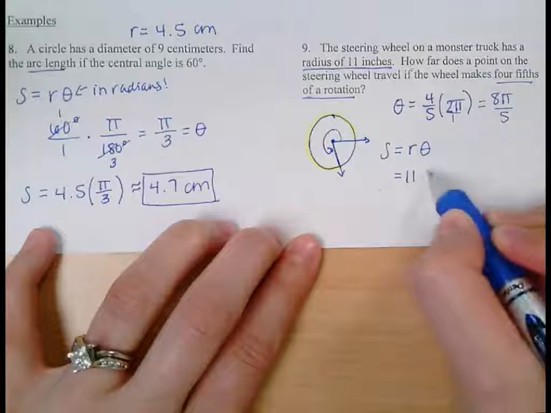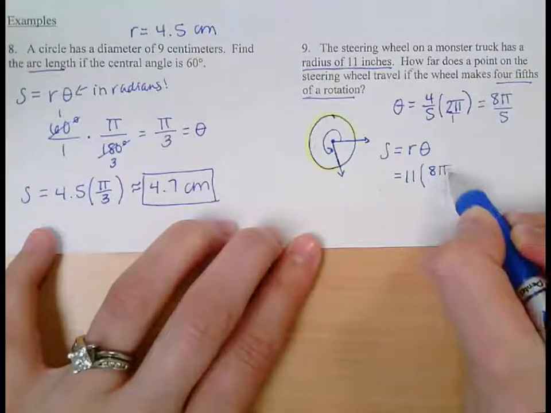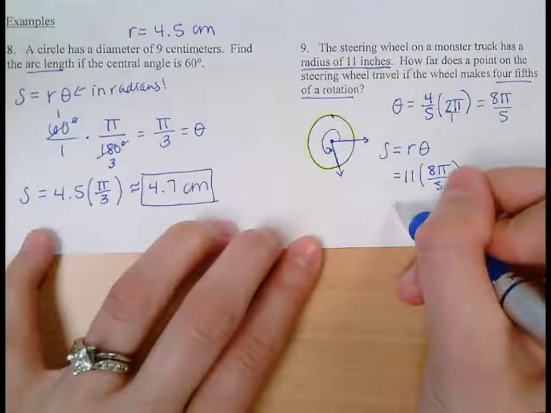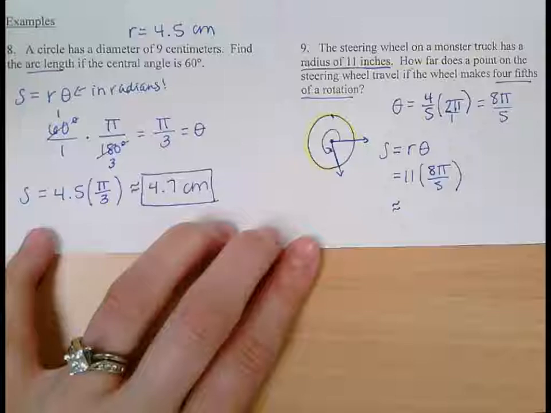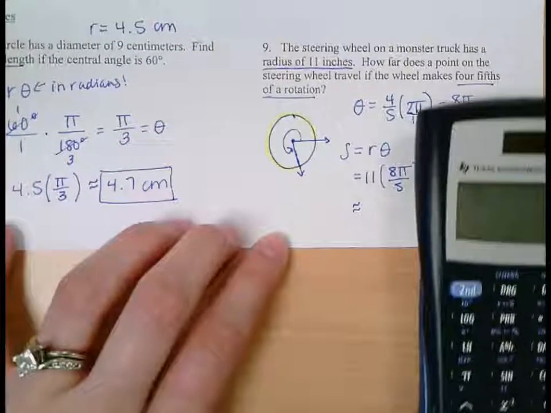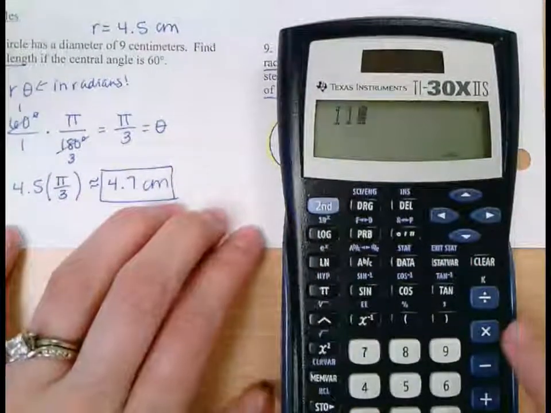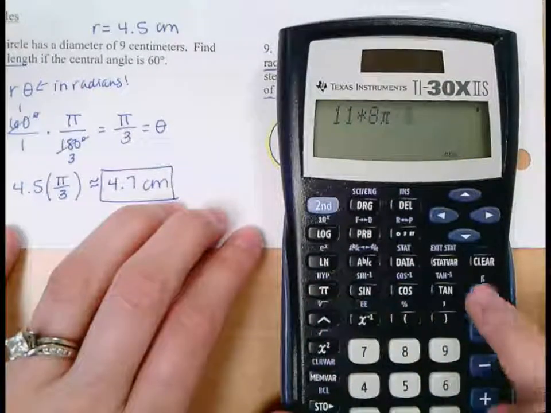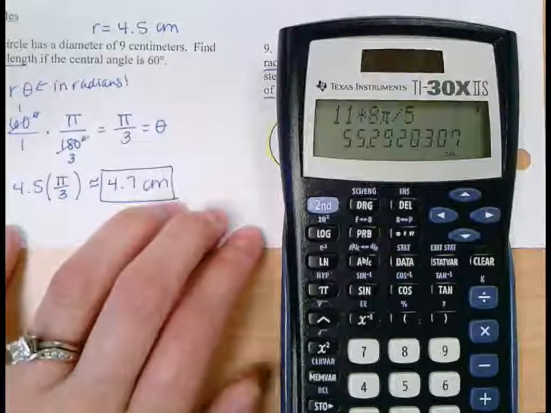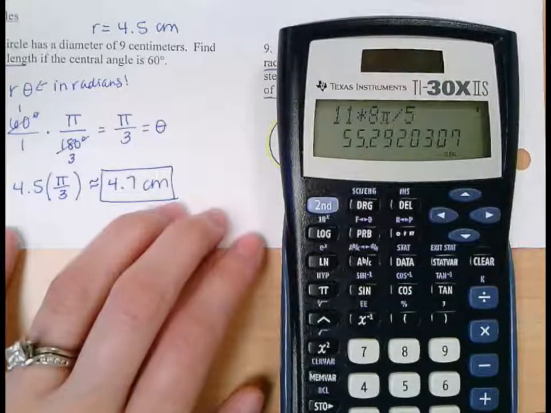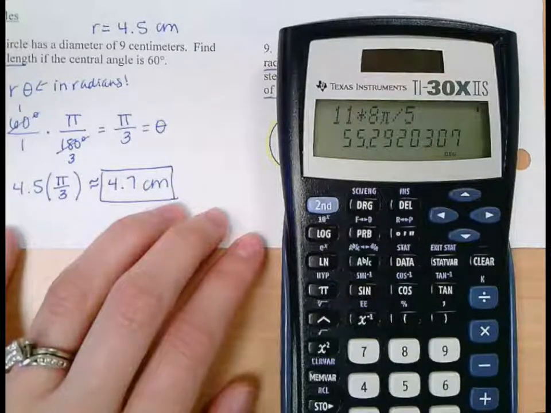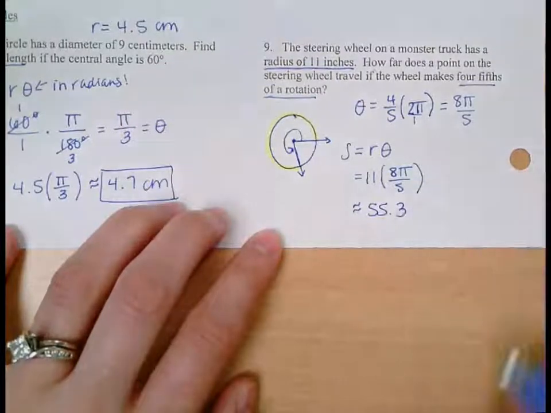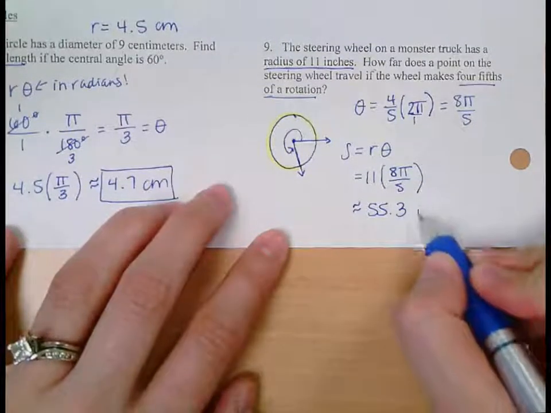So that would be 11 times 8 pi fifths. And again, we can approximate this using a calculator. So I can type in 11 times 8 pi divided by 5. So it's about 55.3 if we round it to the nearest tenth. And this would be measured in inches.